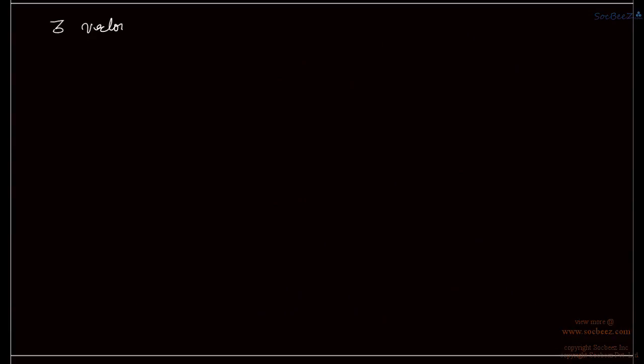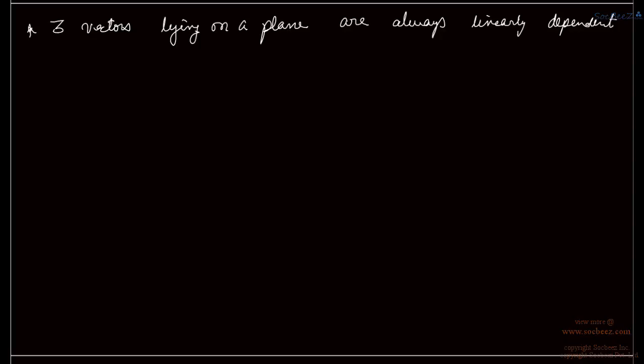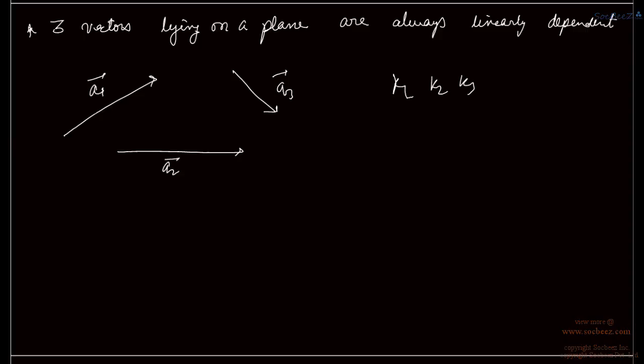Three vectors lying on a plane are always linearly dependent, right? Say this is vector a1, this is vector a2, and this is vector a3. So we can have values of k1, k2 and k3 such that the linear combination is 0.